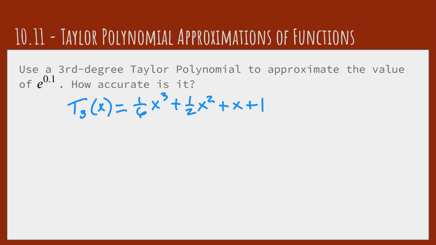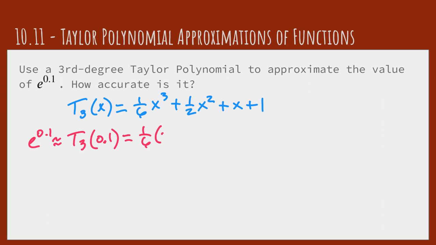So if we plug in 0.1, that's going to be an approximation. Let's do this. e to the 0.1 is approximately equal to, so I'm going to plug in 0.1 here.